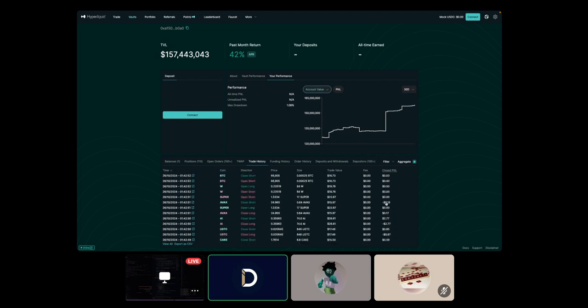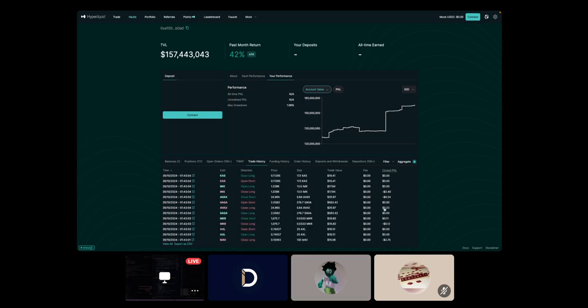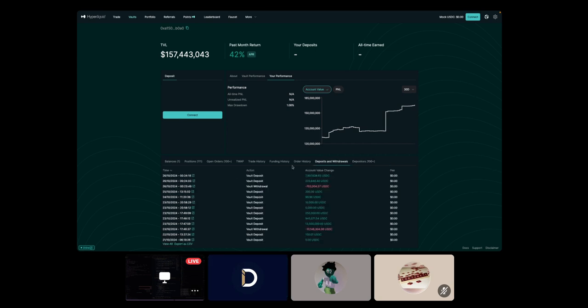It seems like a high frequency trading bot. I'm trying to find one good profitable one. I put in £2 and immediately lost it. But some deposits are from whales, maximum. Yeah, that's the thing. It's like a pyramid.